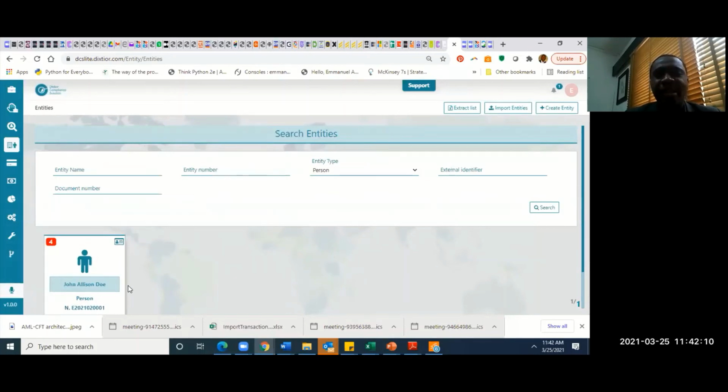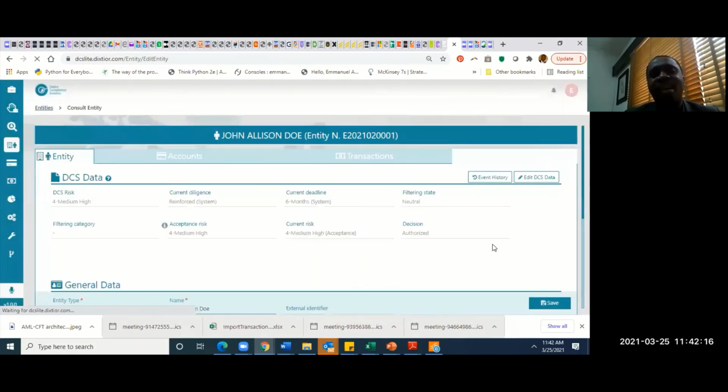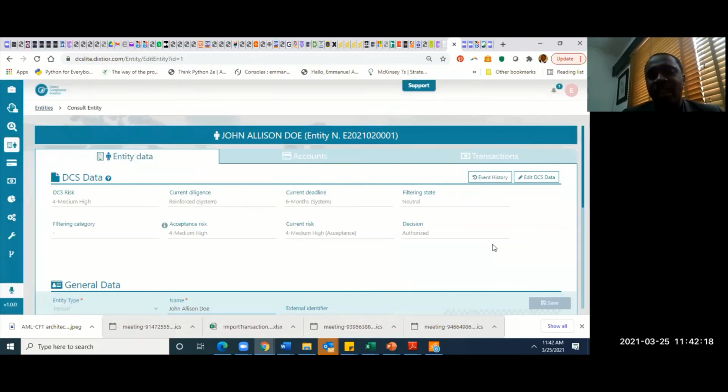You have an entity here already created, and there is an issue with that entity. Once an entity is created on the application, it runs that entity against a particular watch list. A watch list can be an internal list, or an international or global list, like the Dow Jones watch list.